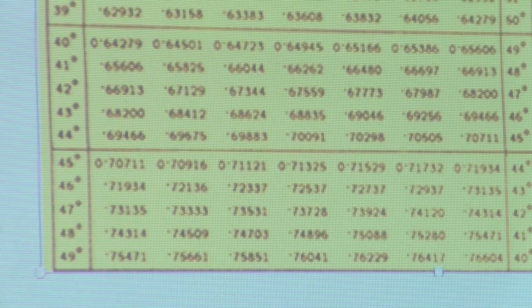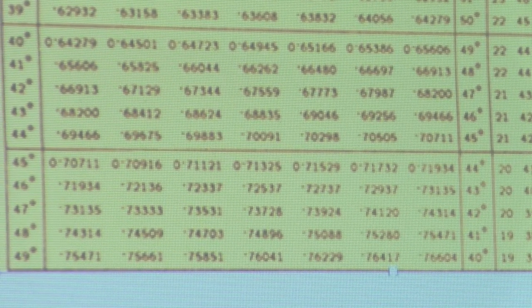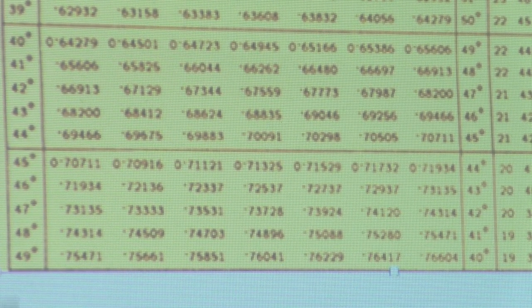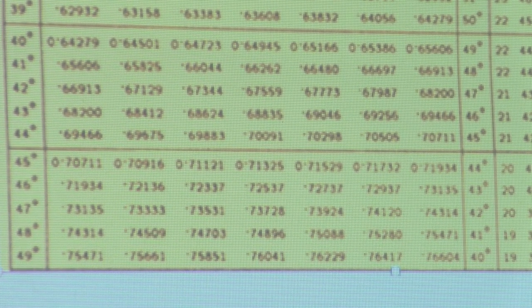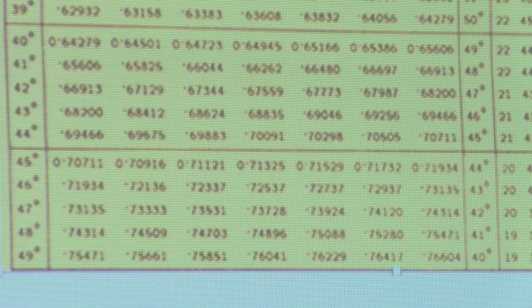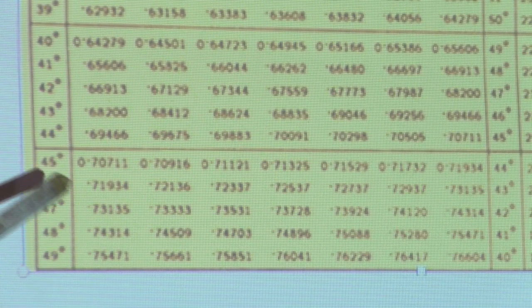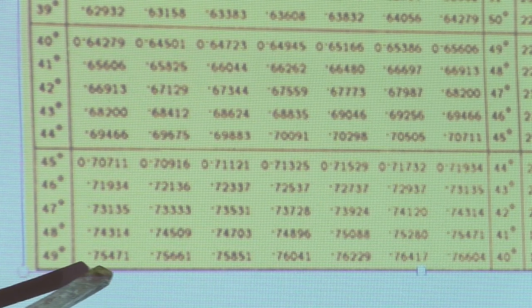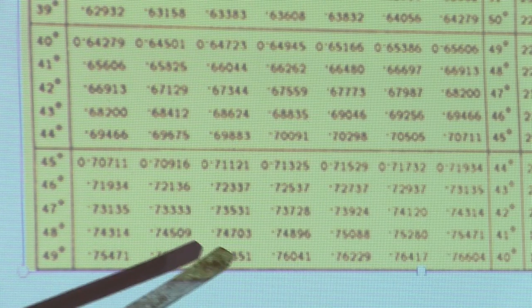Sine 45 is 1 by root 2, which is 0.707. So it should be more than 45, because we need 0.75. You have 0.754, but you want only 0.75.